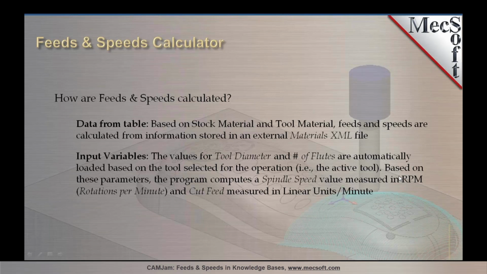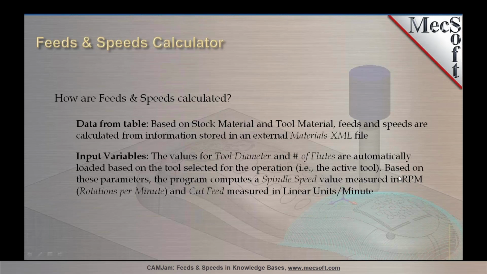This is what the data from table is all about, and Uday will go into some more details. Based on the stock material and the tool material, feeds and speeds are calculated. This information is stored in an external file, and Uday will show you where the external file is stored and how you can add your own materials to the tool. But this first piece of information to calculate feeds and speeds comes from this external file.